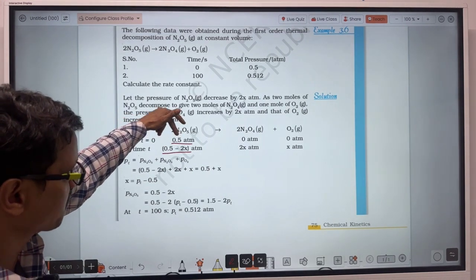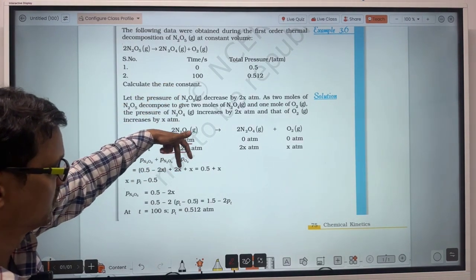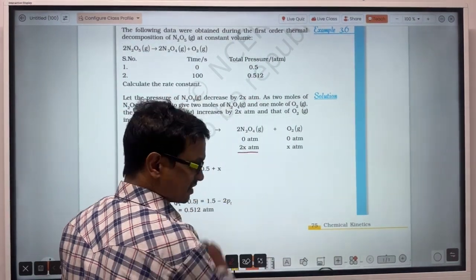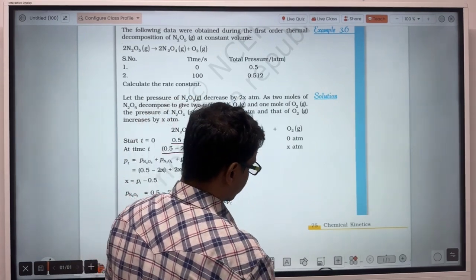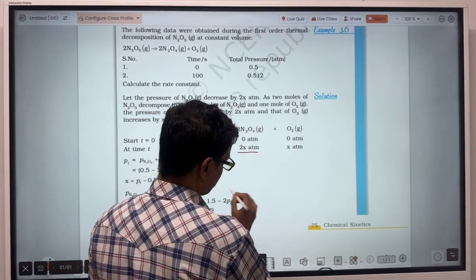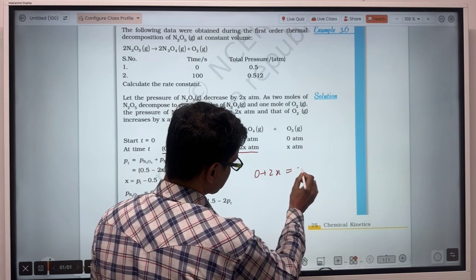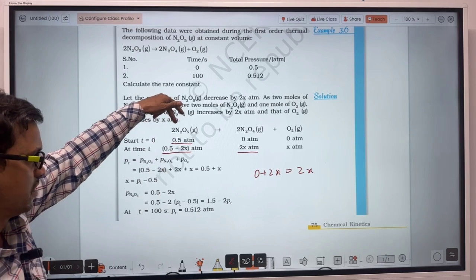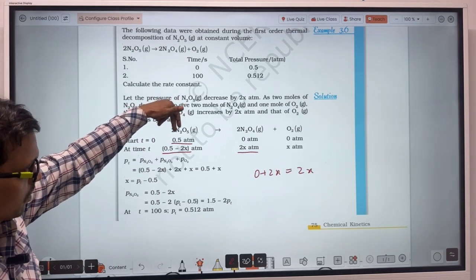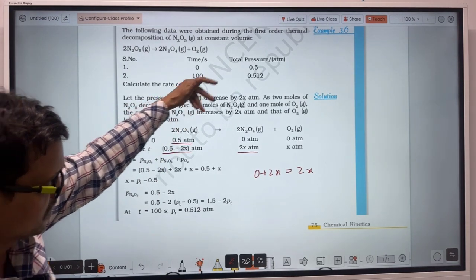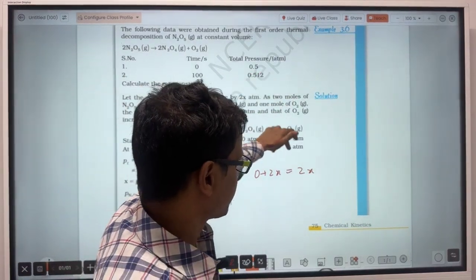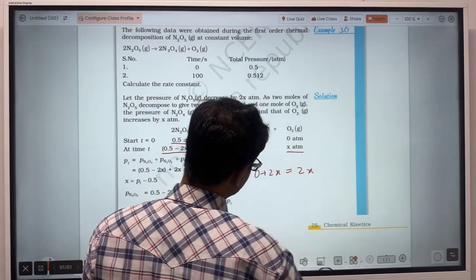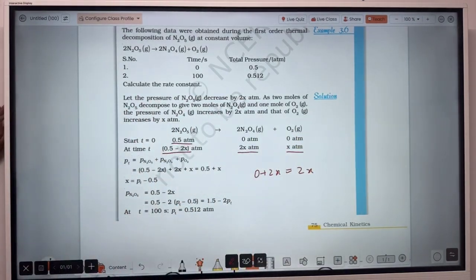The partial pressure of N2O4 will increase by 2x, so at T equal to 100 seconds it will be 0 plus 2x, that means 2x. Similarly, the partial pressure of oxygen will increase by x, so at T equal to 100 seconds the partial pressure of oxygen will be x atm.